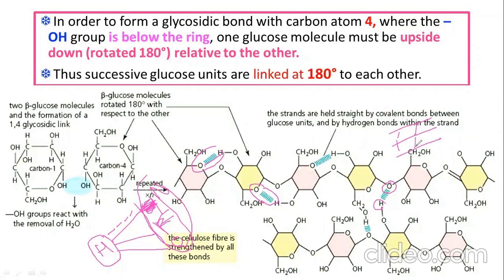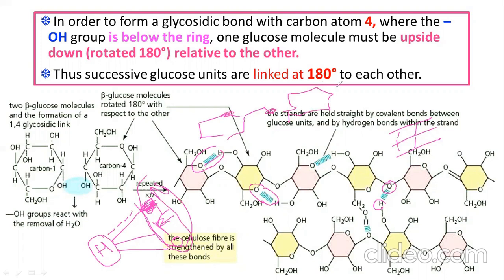Actually, a hydrogen bond is a weak bond, but if there are many, they give what? Stability. So that's why one glucose is rotated by 180 degrees, so that there is more chance of hydrogen bond formation. It was in one plane, so the hydrogen bond formation would be only on one plane, right?